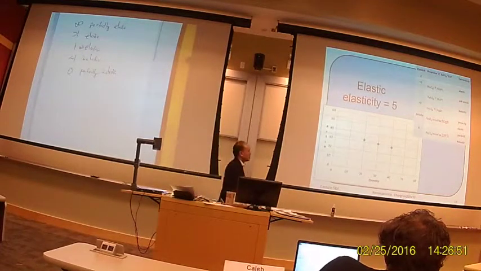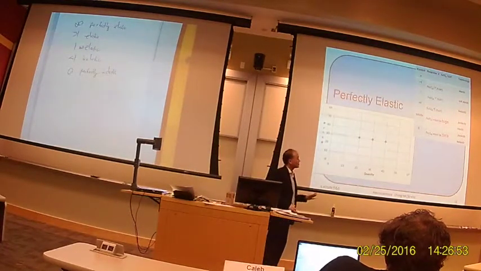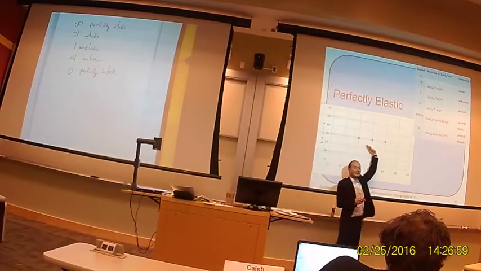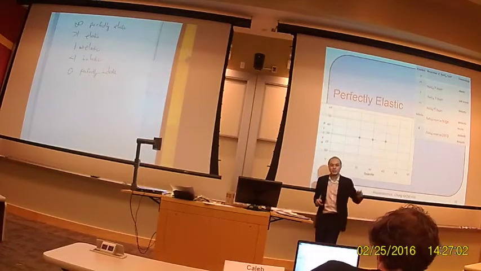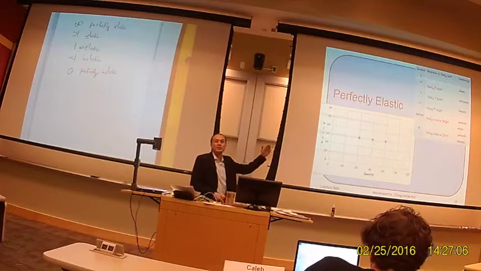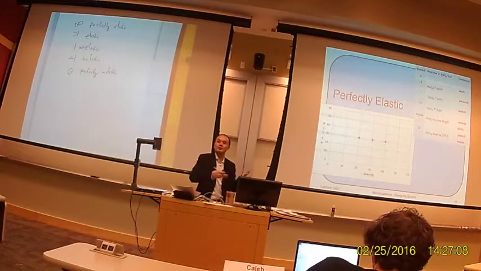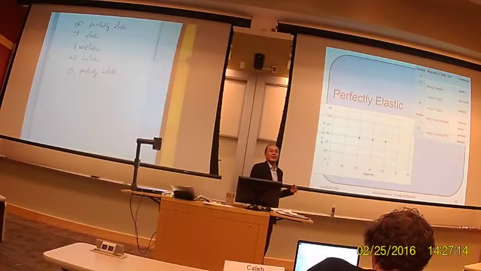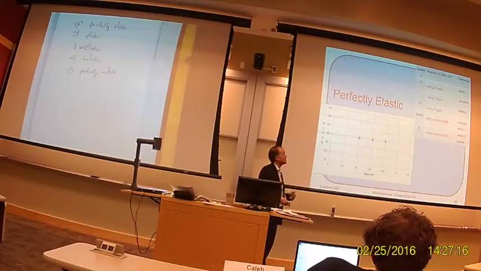Don't memorize flatter. Because I'm going to show you something that's going to contradict that. Perfectly elastic is always perfectly flat. And then finally, unit elastic: you could pick a point, apply a force of price, and then calculate the change in quantity, and make it so that the elasticity is 1.